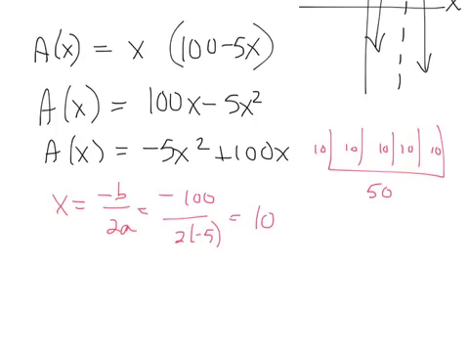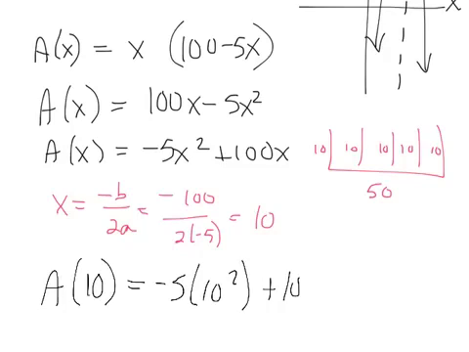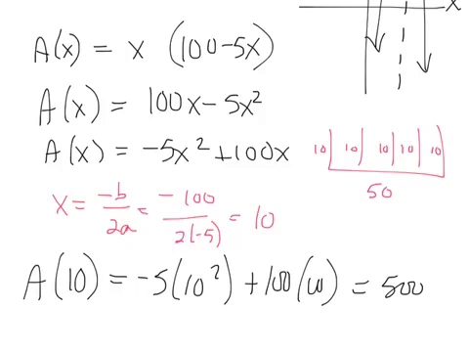Or I could say the area evaluated when x is 10. That'll give me the maximum area. This on the left is negative 500. This is 1,000. 1,000 and negative 500 is 500. And what are my units? If it's area, feet squared.